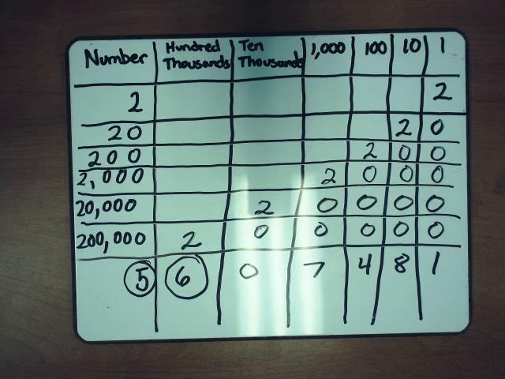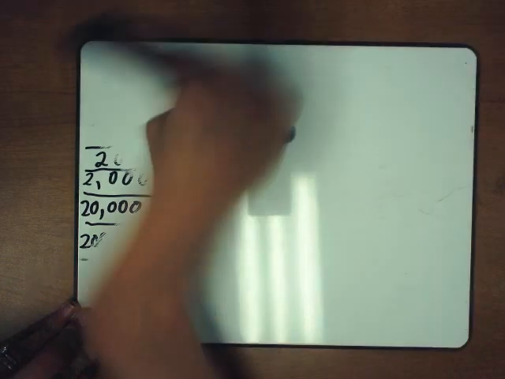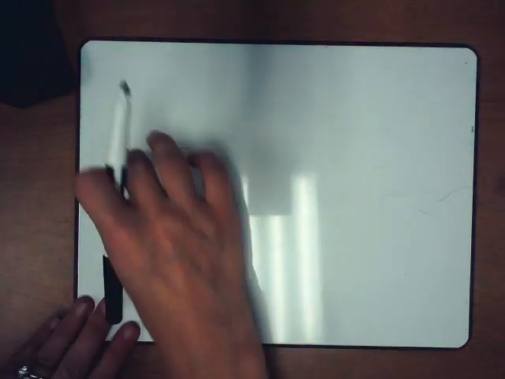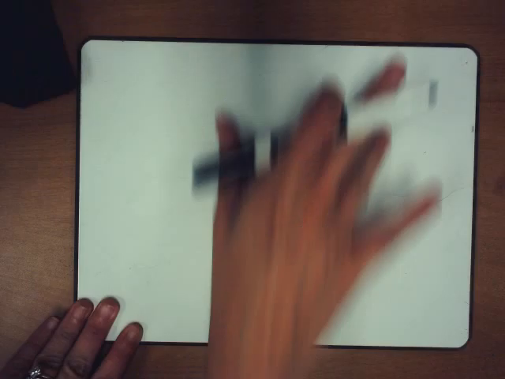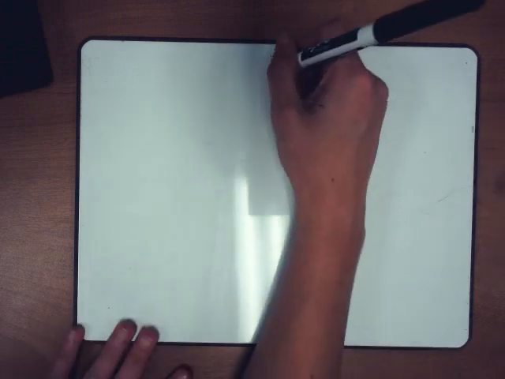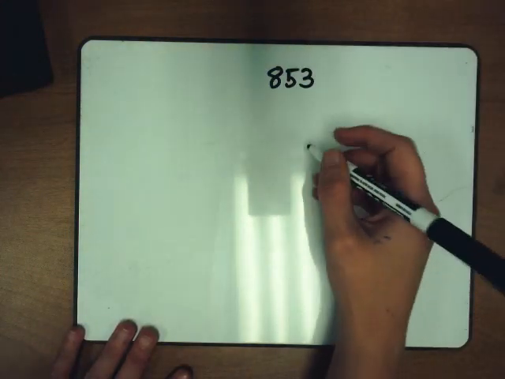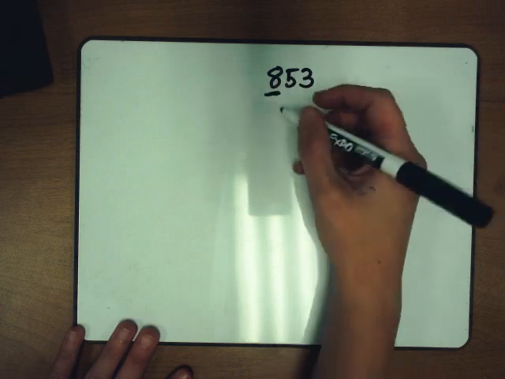I'm also going to show you what we call expanded notation. So I'm going to erase here. You can go ahead and look at the next page, the next clean page. And instead of writing mine this way, I'm going to show you what's called vertical expanded notation. So if I'm looking at the number 853, I could write the 8 here is worth 800.